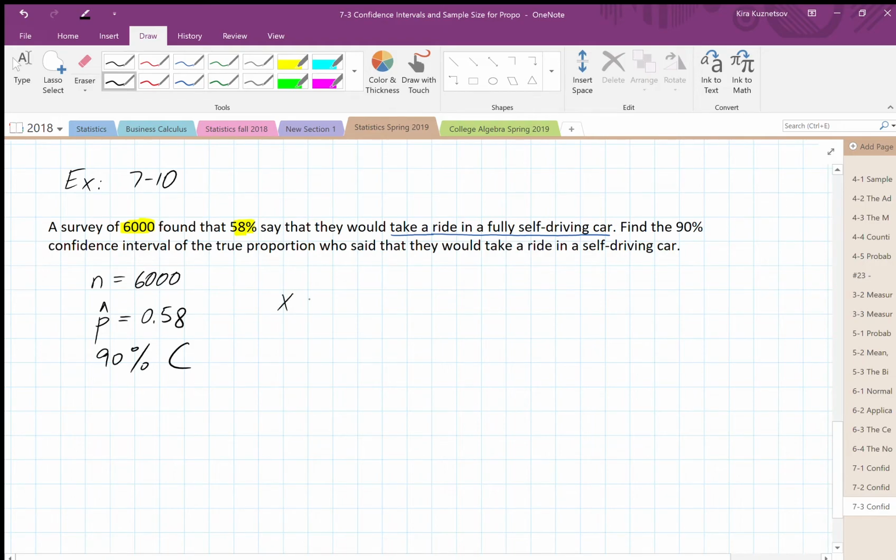In order to find x, you take n and multiply this by p-hat, because by definition, p-hat is x over n. You know that 58% of 6,000 said yes. So you find what's 58% of 6,000.